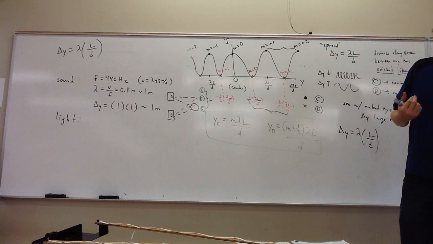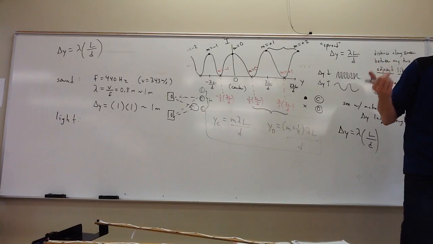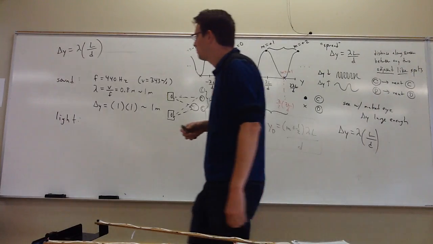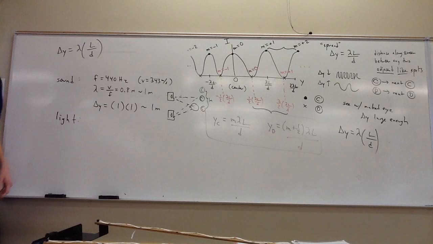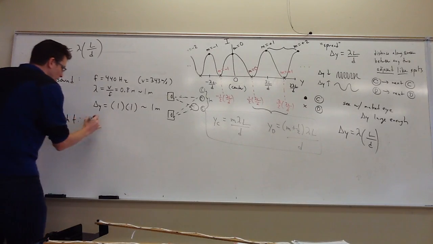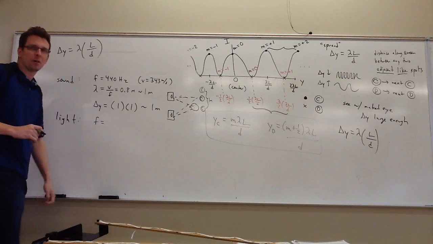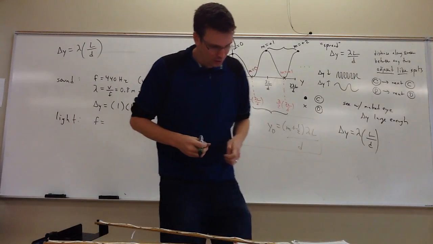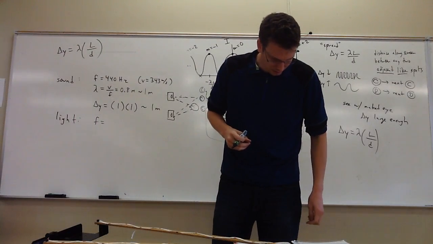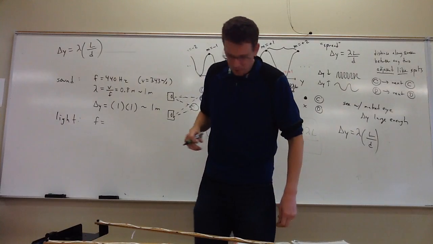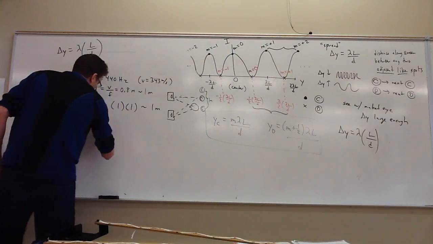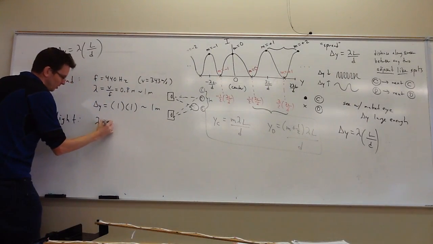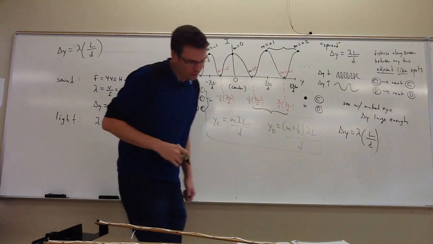So that's a little bit about, this works also with stereo speakers. But we're focused in on light. So light, let me remind you, has a much, much smaller frequency. So for instance, a typical wavelength that we might talk about, let me just jump straight to wavelength.